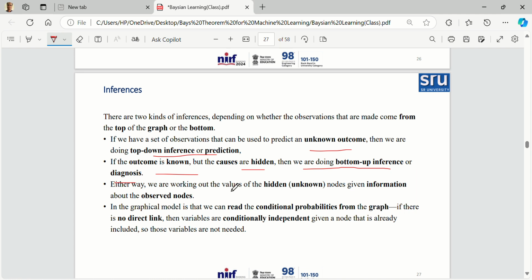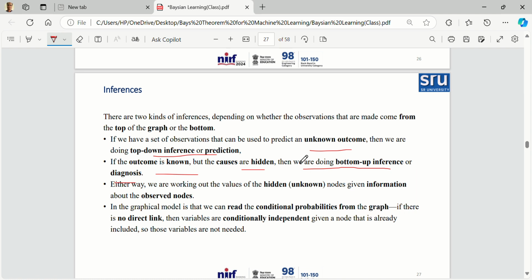Now this is called prediction: the outcome is unknown. It may be jaundice or malaria. Now suppose you are sure you have malaria, and the question is what is the cause? The doctor identified you may have malaria, so they diagnose, take all the parameters and symptoms, and test different components of your body, or urine, whatever components are required.